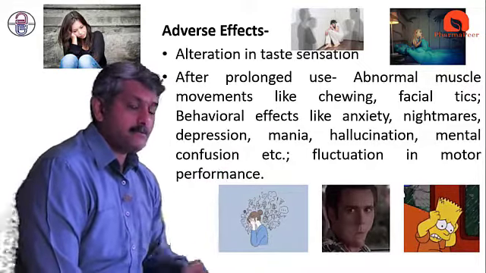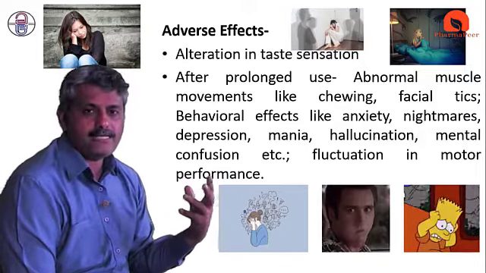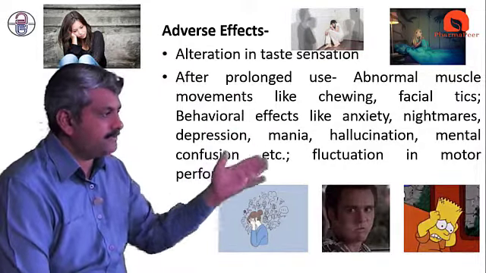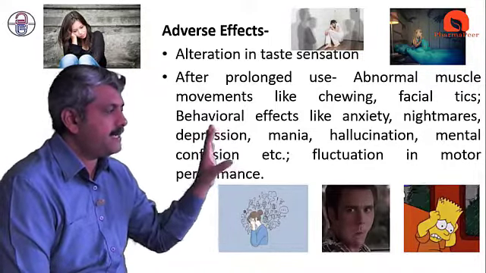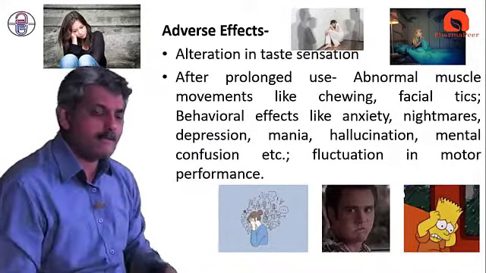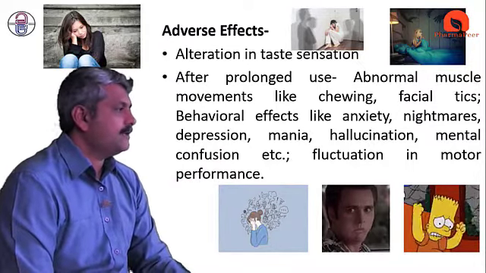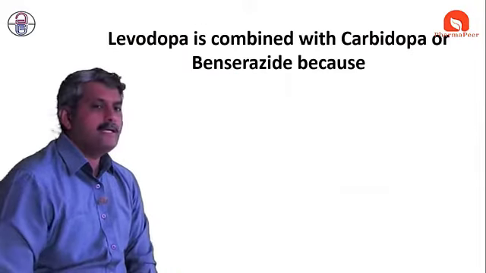Our next chapter, which is related to psychology, that is hypnotic, sedative and antidepressant, is the chapter that correlates with this point. So these are the adverse effects, and these adverse effects are also helpful for our understanding with respect to question number 3.